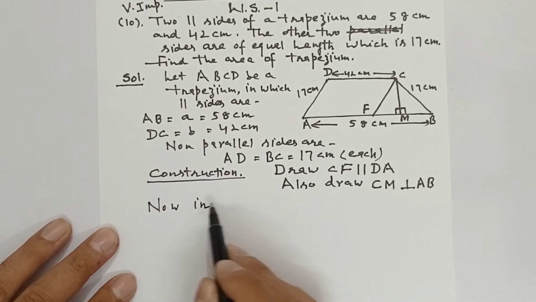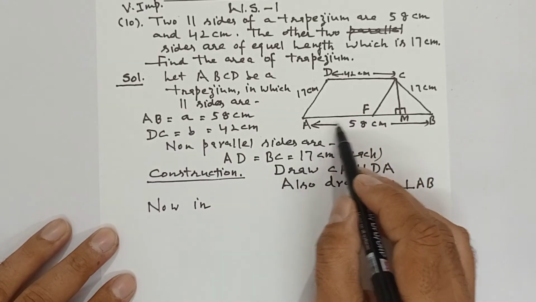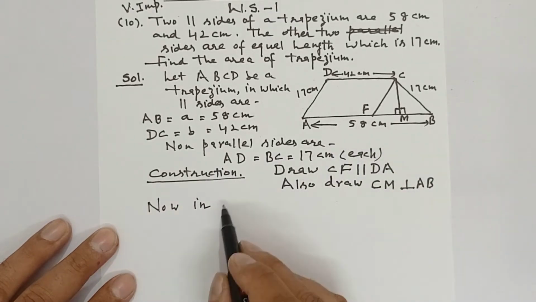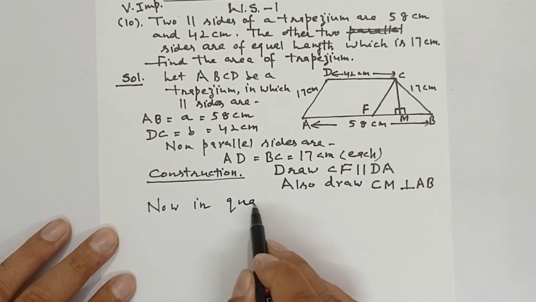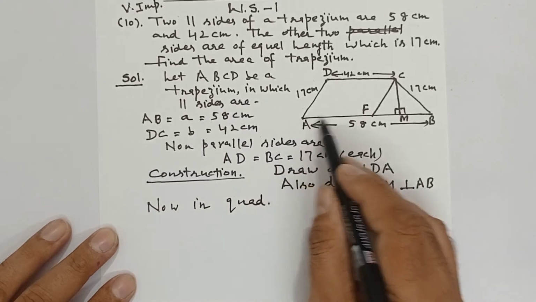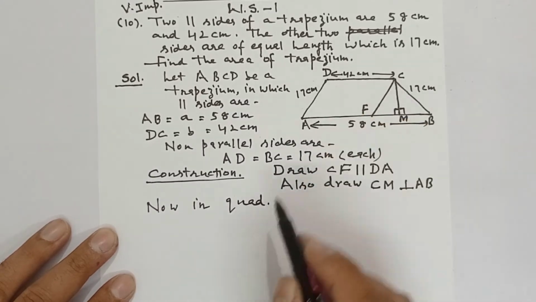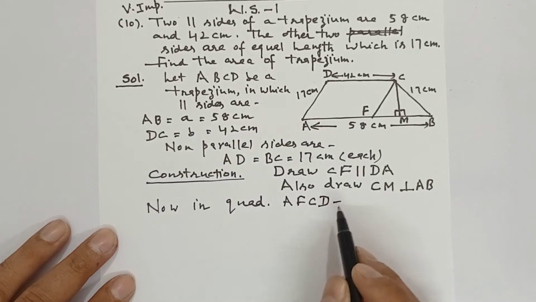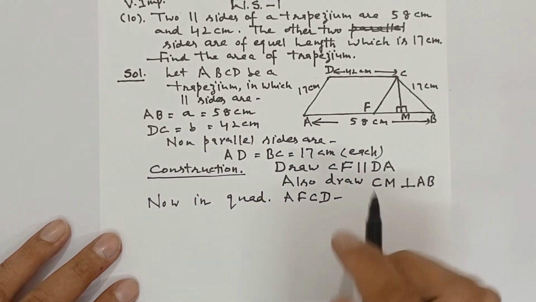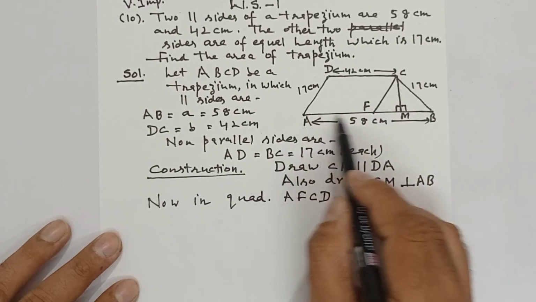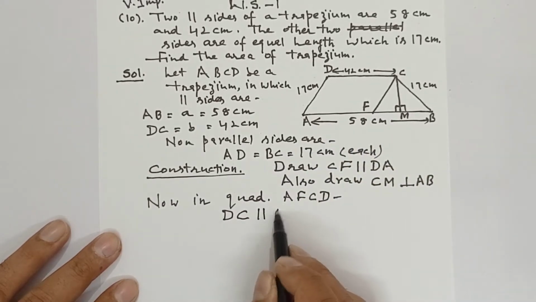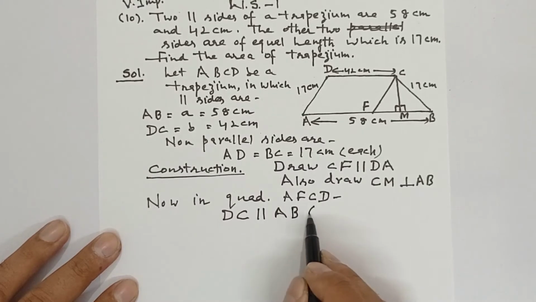Now here you can see DC and AB are parallel. I am writing now, in quadrilateral AFCD. Initially, I will say this as a quadrilateral. DC is parallel to AB. So I am writing DC is parallel to AB. Why is DC parallel to AB?